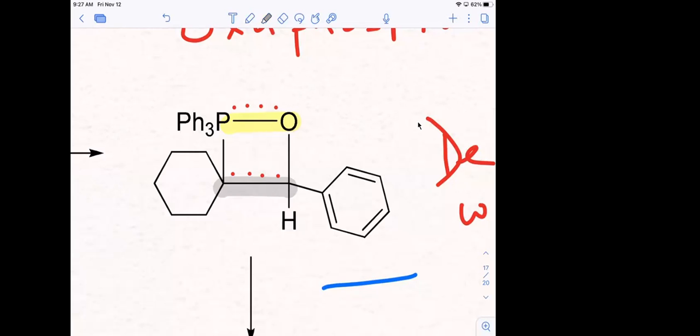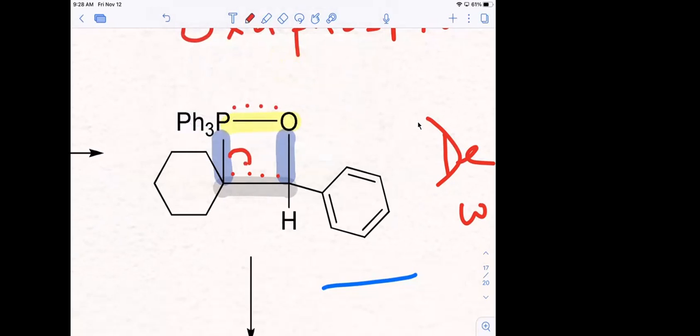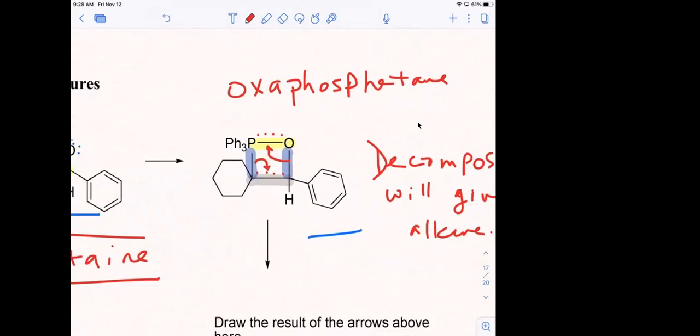Hydrogen, alpha hydrogen. I don't have a base to pull it off. But I do have these sigma bonds right here that I can break. And that's how the decomposition happens, right? This bond is going to come here. And then this bond is coming here. So we're going to break those two sigma bonds.